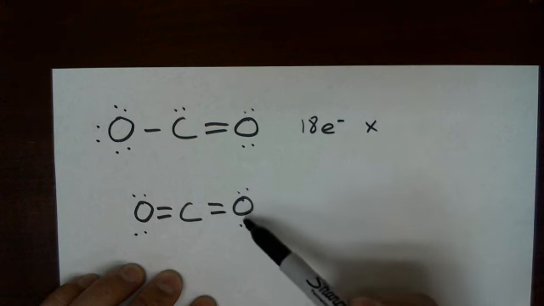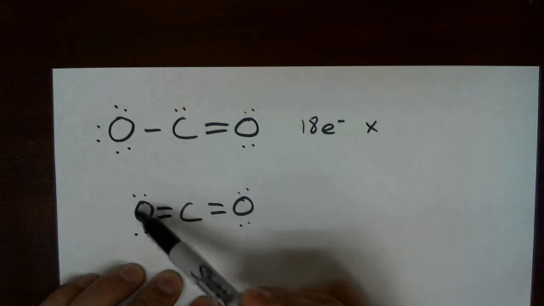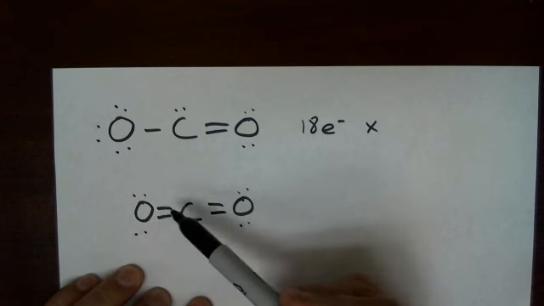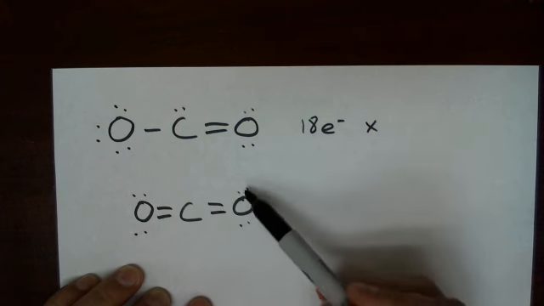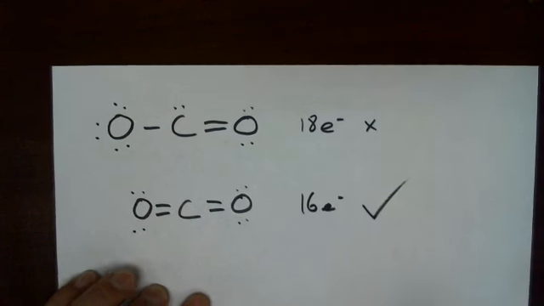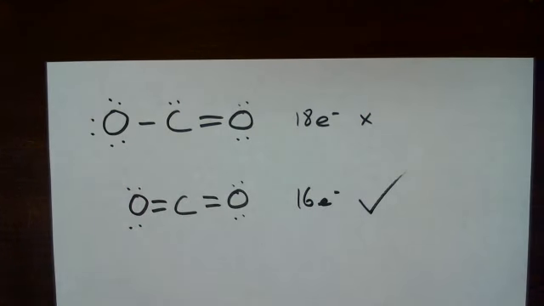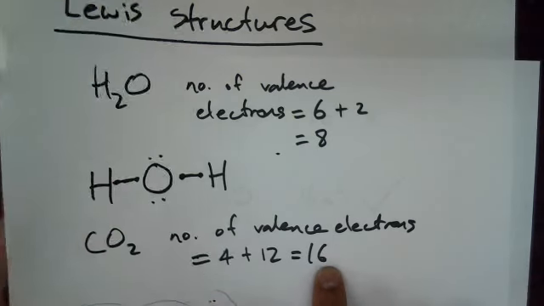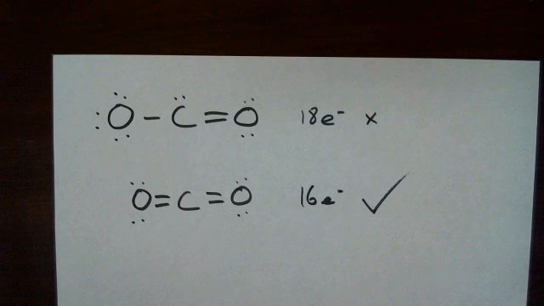This oxygen with 2, 4, 6, 8. And obviously this one with 2, 4, 6, 8. And so now we add them all up. So it'll be 2, 4, 6, 8, 10, 12, 14, 16. So that's 16 electrons. That is correct, because we know that we really want something with 16 electrons, because we've added up valence electrons. So that is basically how you do Lewis structures.